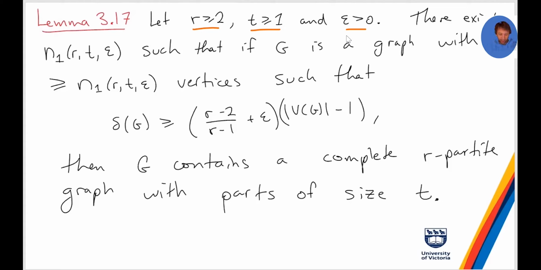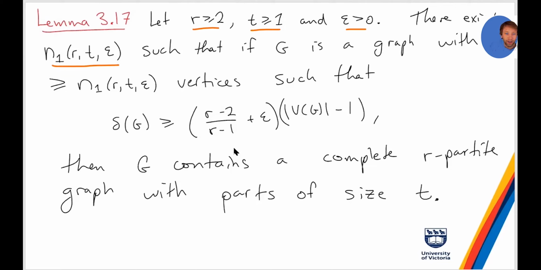Here we're going to deal with graphs with a large number of vertices. I'll try to explain where the largeness of n matters, because it's going to come in as a sort of pigeonhole argument: you need to have a lot of vertices to make it work. So it says that there exists some number, let's say n sub 1 of R, T, epsilon.